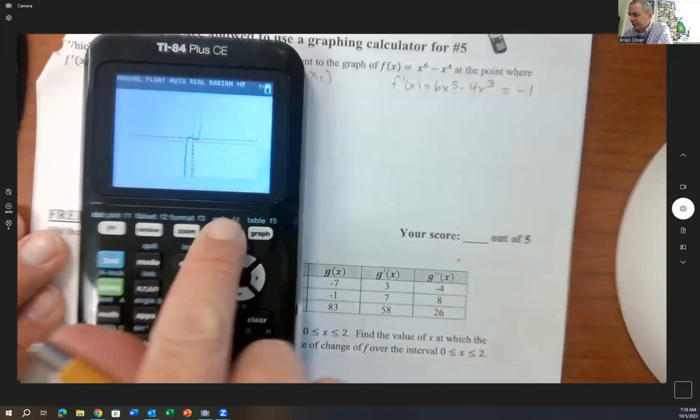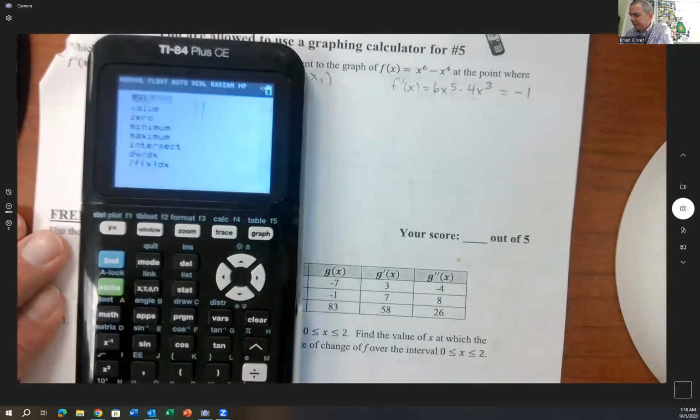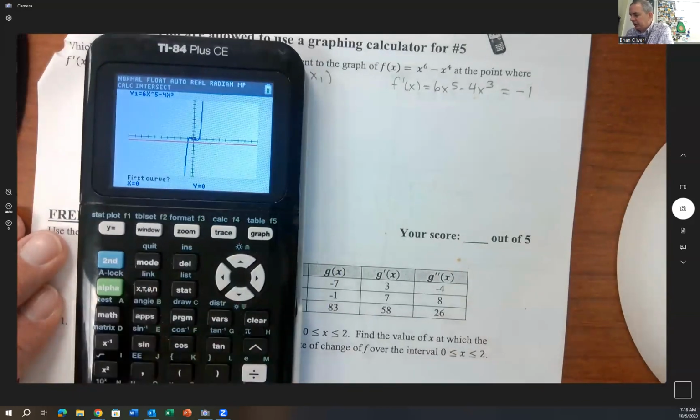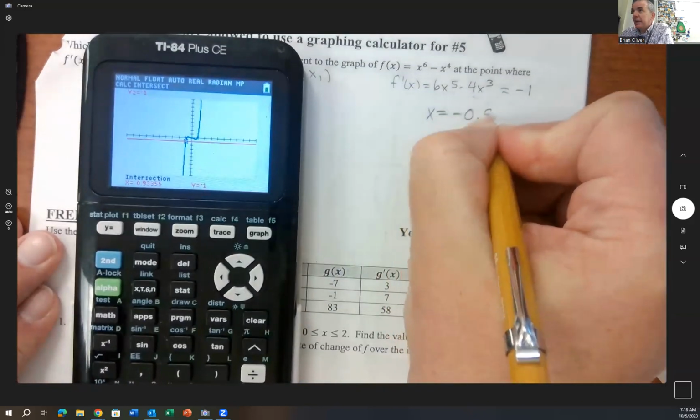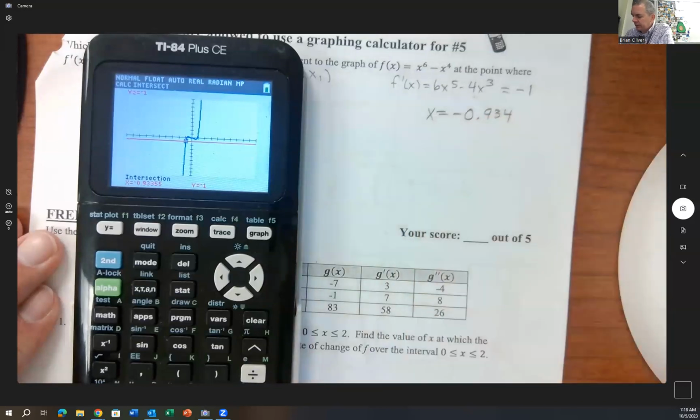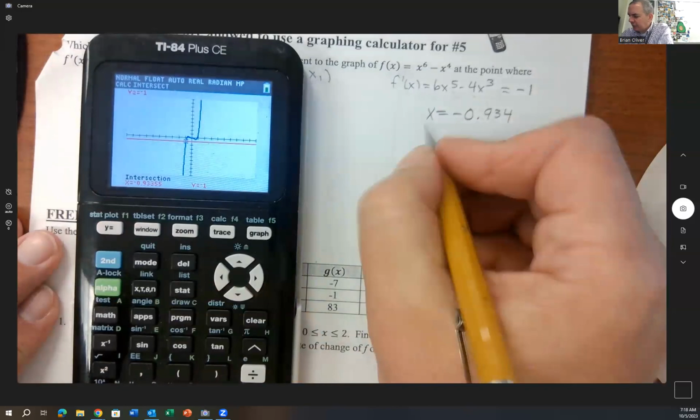Second, trace. Number 5 is intersect. First curve in blue, second curve in red. We always enter through guess. Our intersection is where x equals negative 0.934. Now I need to figure out the y coordinate.